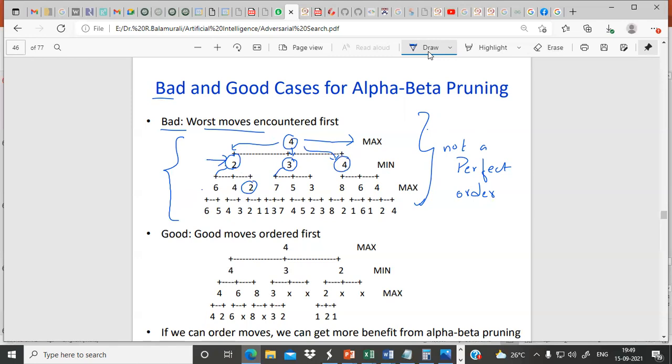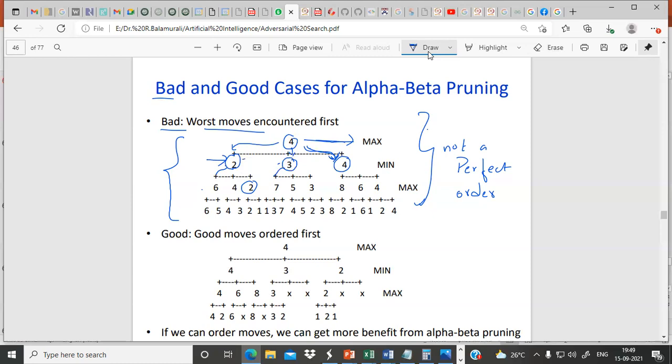Now which move should the game take? After exploring all these, the game will make this move, because this is the one which maximizes the value for the max player.